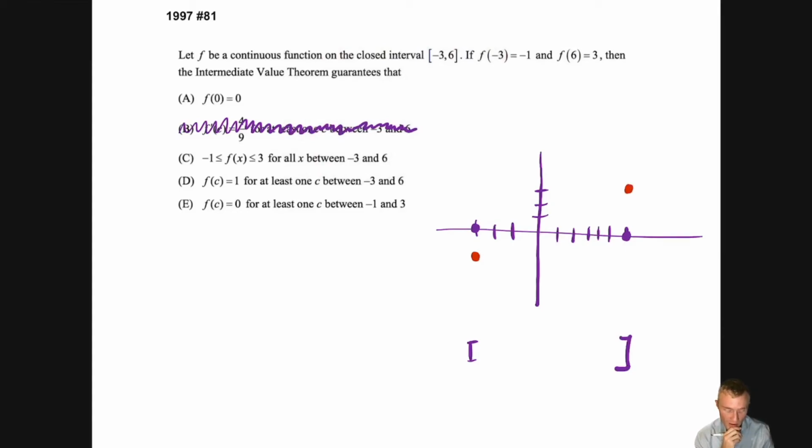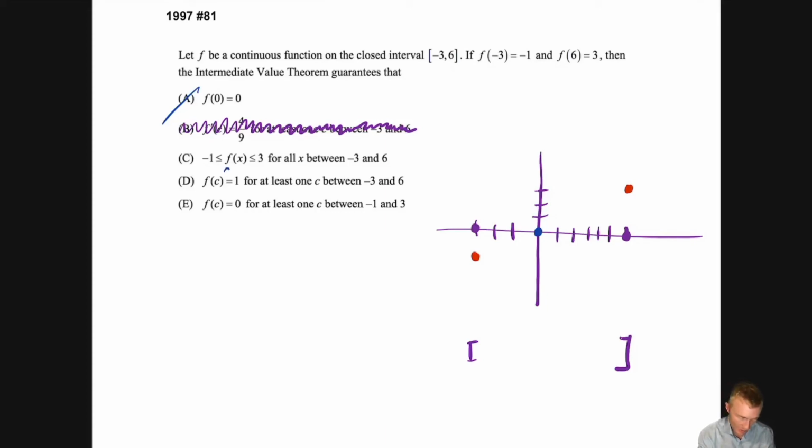The intermediate value theorem, does it guarantee that f of 0 equals 0? So let's see. Does it guarantee that I pass through the origin? No. I could draw all kinds of functions that get from point A to point B without passing through the origin. So it's not A. Does it guarantee that f of x is between -1 and 3 for all of these values?